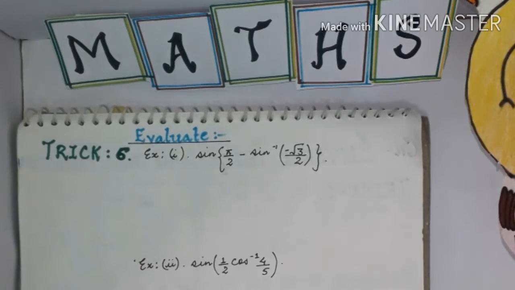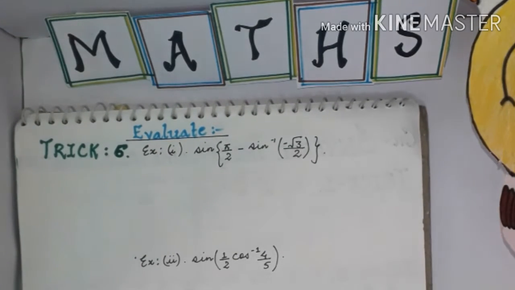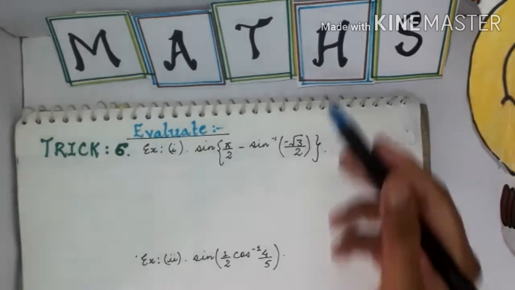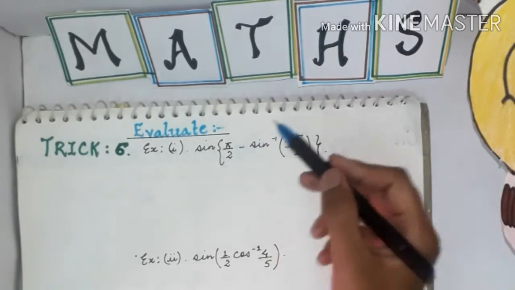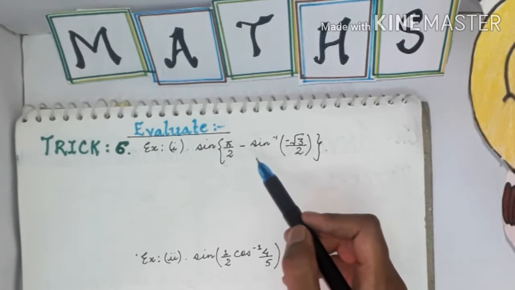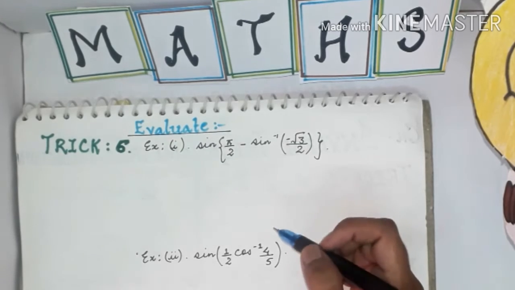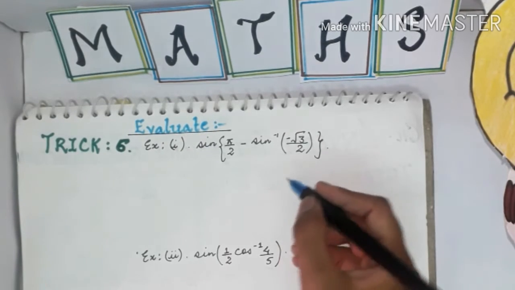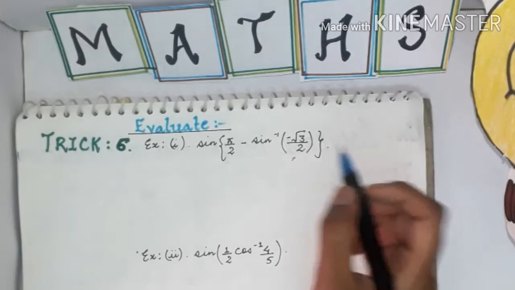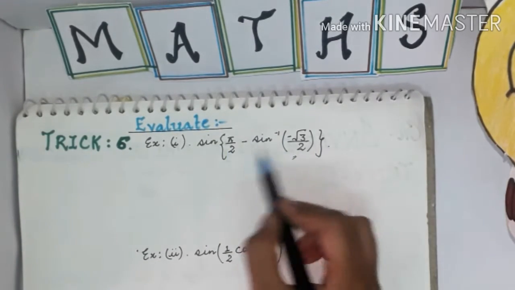So let's begin with trick 6, for type 6. The type 6 questions are those where you have to evaluate the value of a trigonometric function. Here the trick that you have to use is to let the inverse trigonometric function. See, sine of theta, this is such a complicated angle.